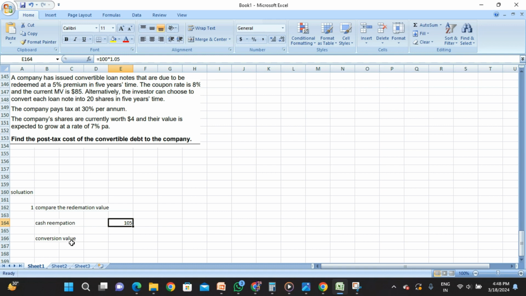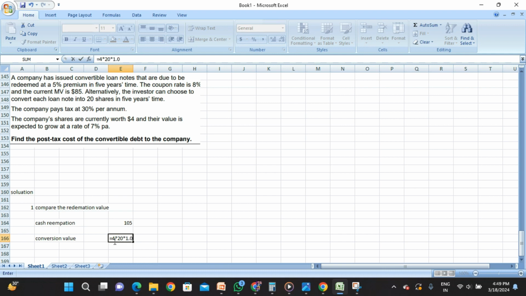Now if the investors convert their convertible loan notes into shares, how much value will they get? The current share price of the company was $4. They will get 20 shares, and there is growth in the shares of 7% over the period of 5 years.